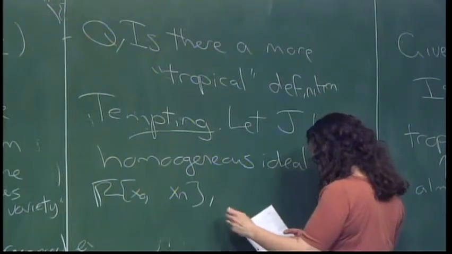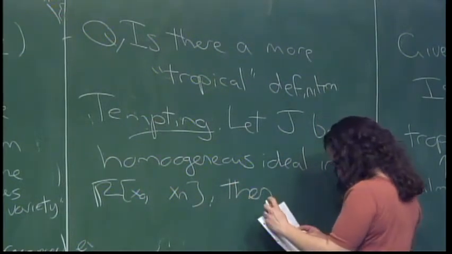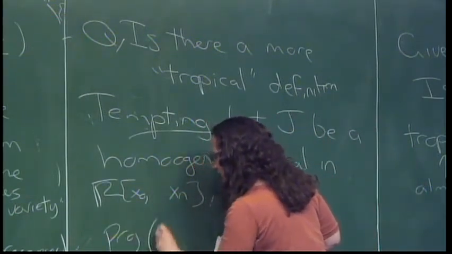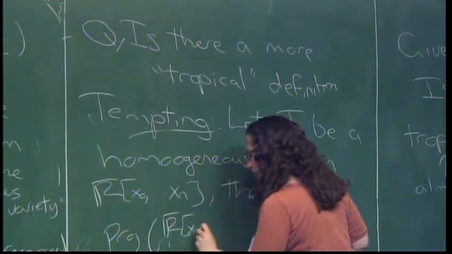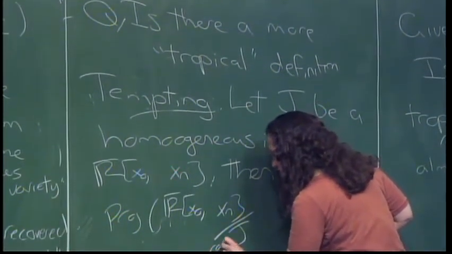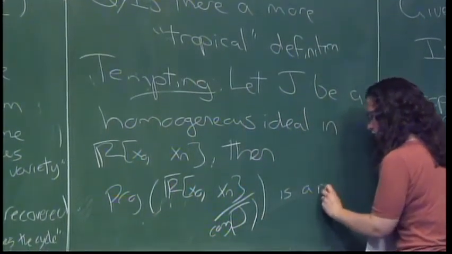And then we could say Proj of R bar adjoin x0 up to xn mod J, or mod the congruence of J, or the bend relations of J. That's a natural choice.